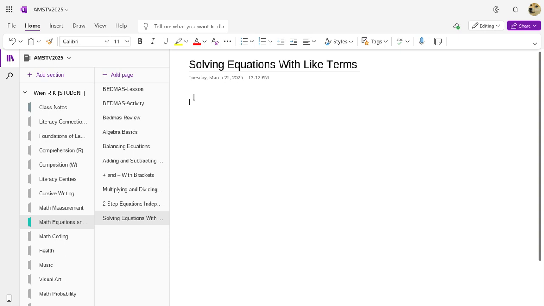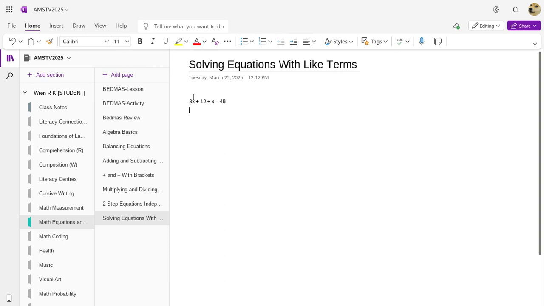Okay, so write this down. We have 3x plus 12 plus x equals 48. So I've given us a hint in the example questions of what we need to do to put the like terms together. So we need to add the 3x and the x.